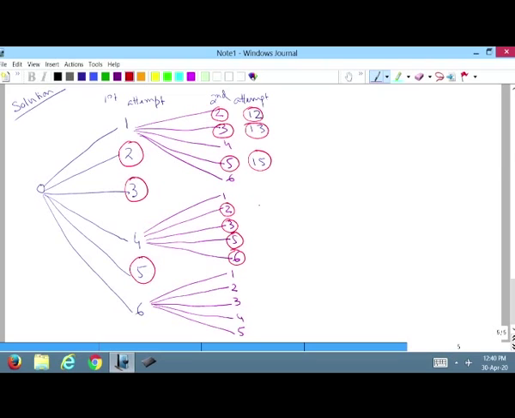Therefore, what are the outcomes so far? We get 4, 2; 4, 3; 4, 5; 4, 6, and let me circle them.